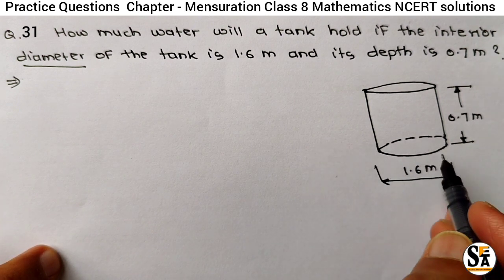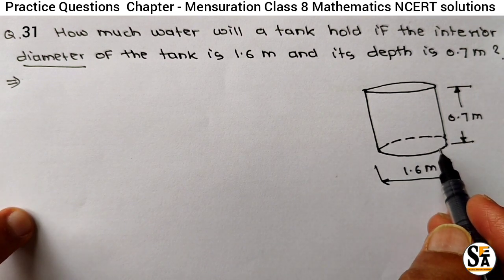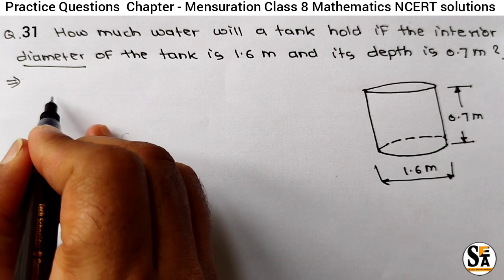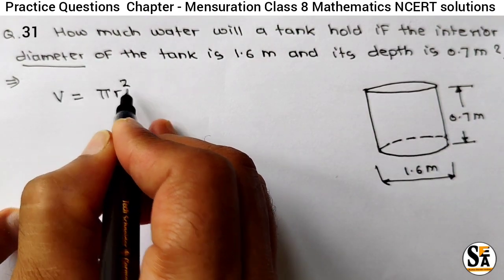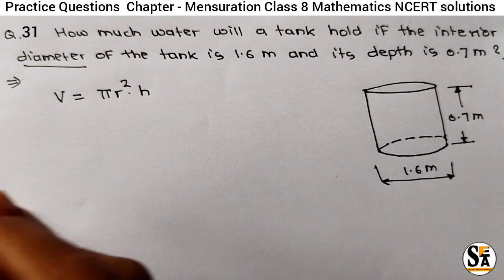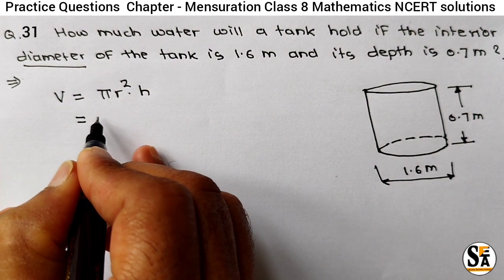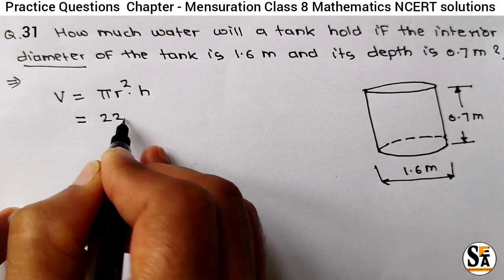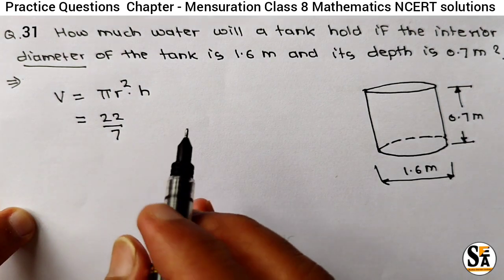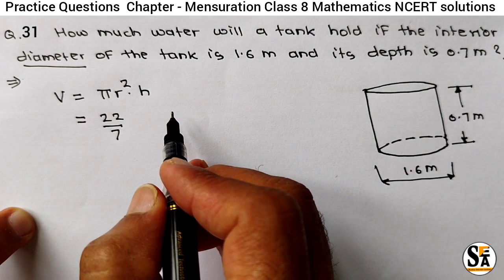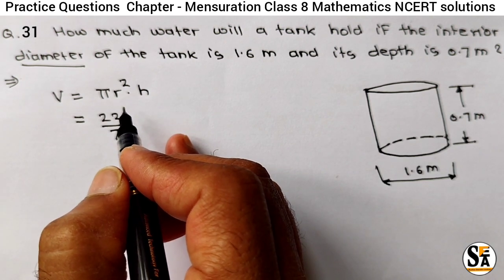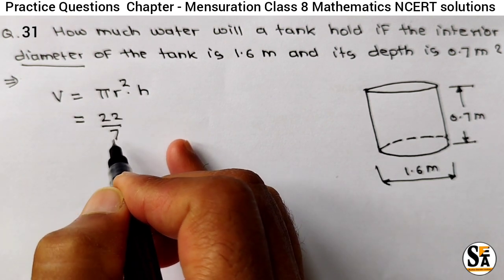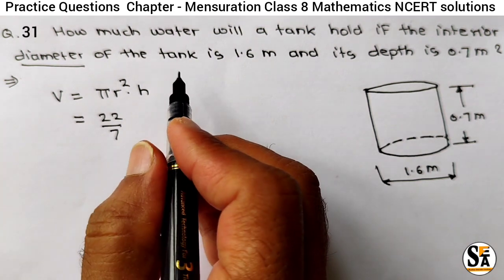So for a cylindrical object, the volume formula is V is equal to pi r square into h. What is the value of pi? Pi is 22 upon 7. Now keep in mind, the value of pi, in some cases we take 3.14 and in some cases we take 22 upon 7. It depends on the situation.